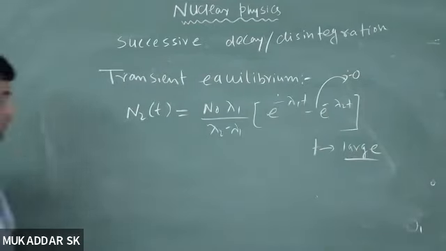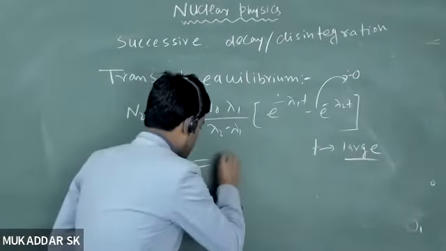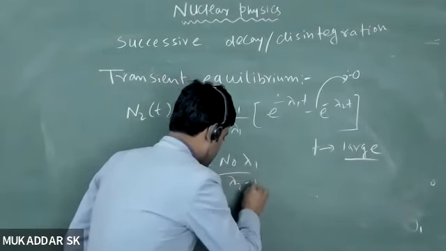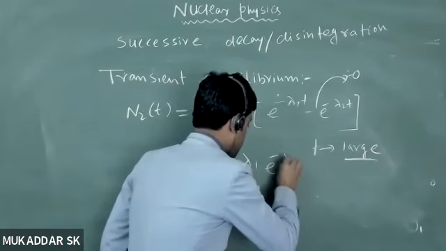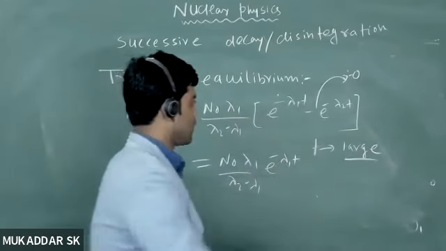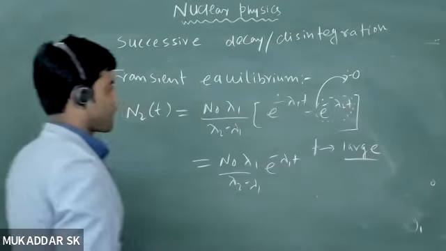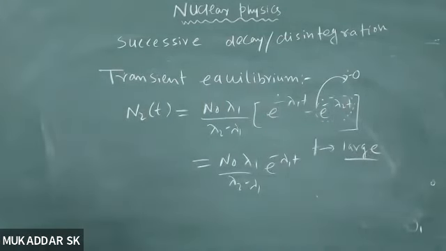And I'll get N naught lambda 1 divided by lambda 2 minus lambda 1 e to the power minus lambda 1 t. Because these terms you have equated with 0, and that will be possible at large t. And you ignore this term because lambda 2 is actually greater than lambda 1.